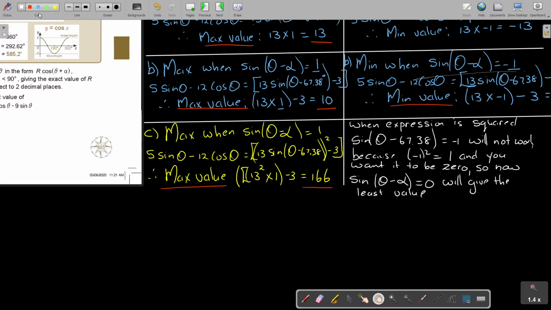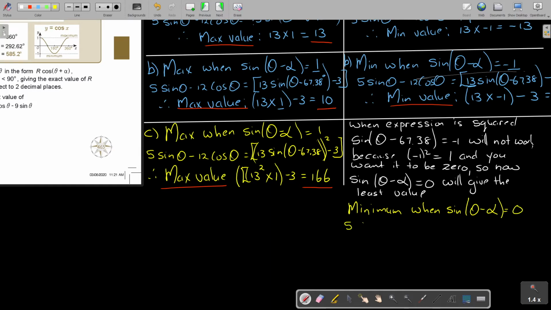So minimum, I can just continue with the yellow. Minimum when sin theta minus the angle equals 0.